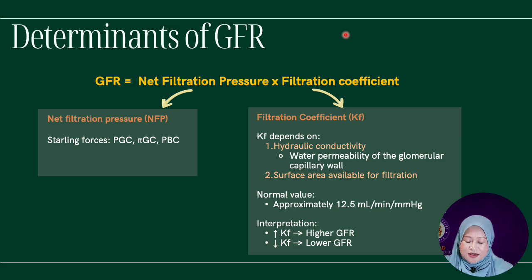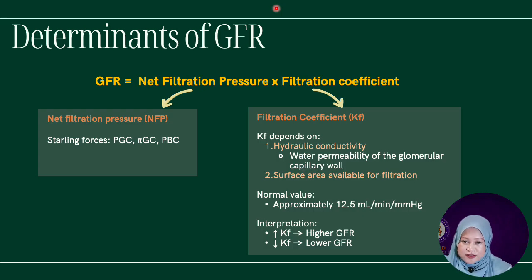In simple terms, Kf tells us how permeable the membrane is and how large the filtering surface is. The normal value of Kf is about 12.5 milliliter per minute per millimeter mercury. If Kf increases, that means more fluid can pass through the membrane, so GFR increases. And vice versa, if Kf decreases, filtration becomes less efficient, so GFR decreases.